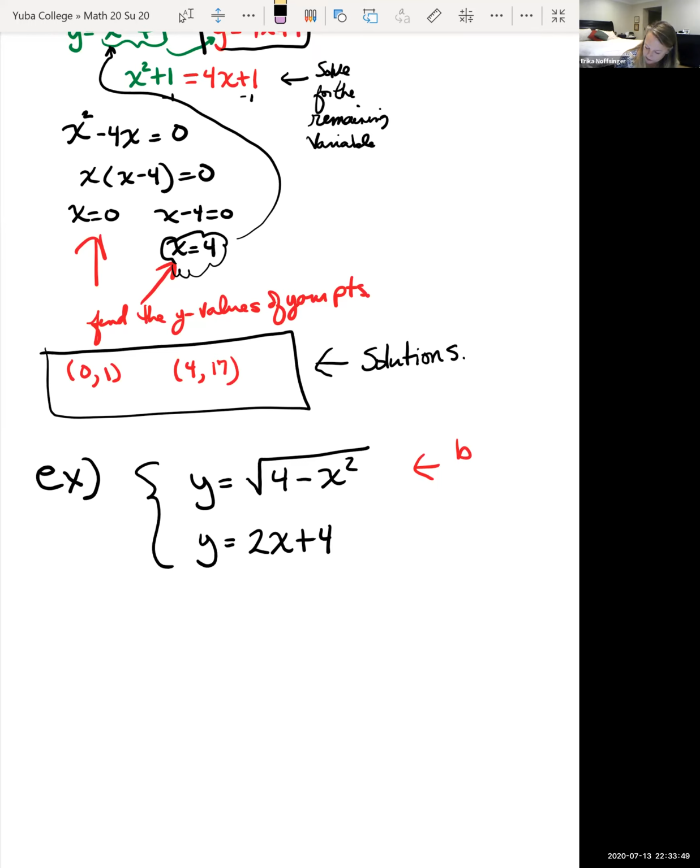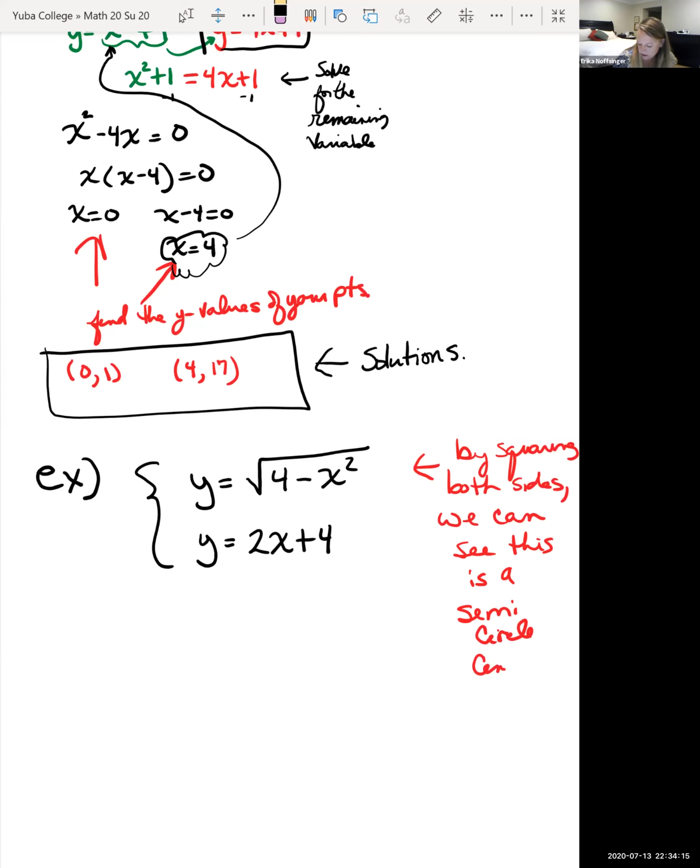So by squaring both sides of the equation, you can see this is a semicircle centered at the origin with radius 2.